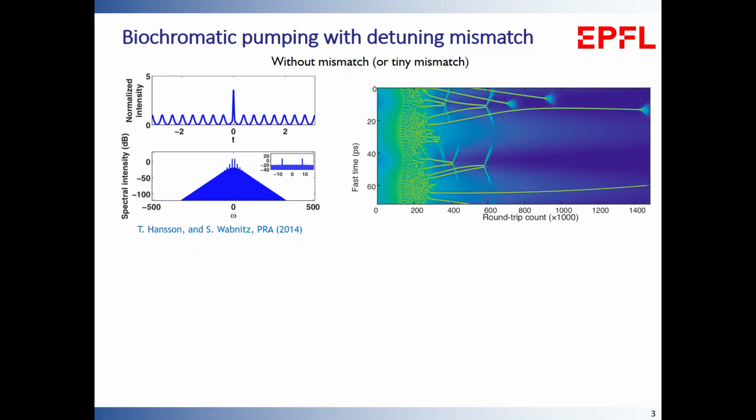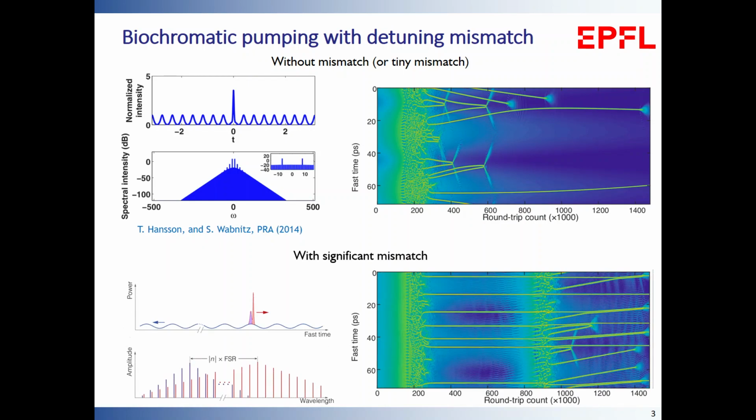Now, the second situation here, I will show you. We use two lines, two lasers, but because these two lasers would have very different cavity laser detuning, I can just set the two laser cavity detunings to be vastly different, and then we can pump the pulse one by one.